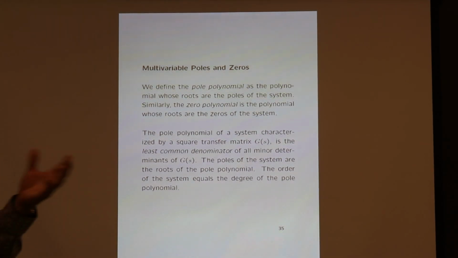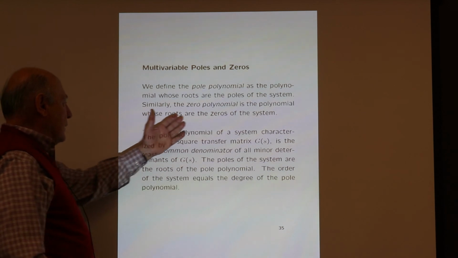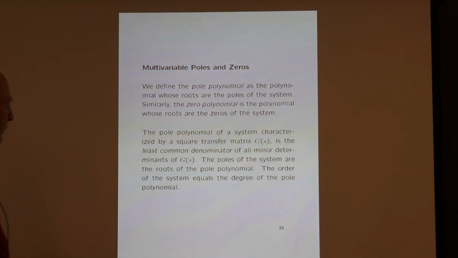The zero polynomial is a polynomial whose roots are the zeros of the system. So we have to identify these two polynomials, zero polynomials and pole polynomials.